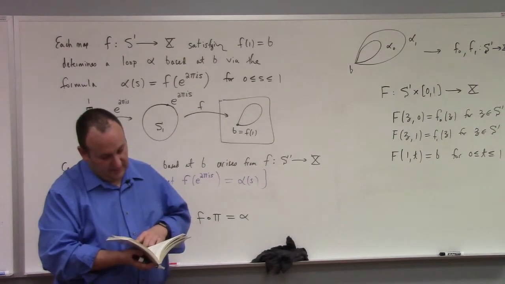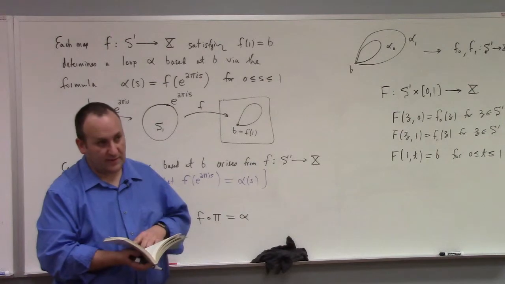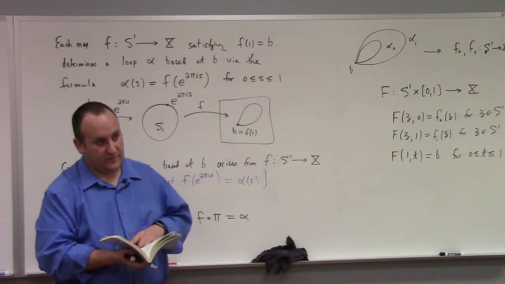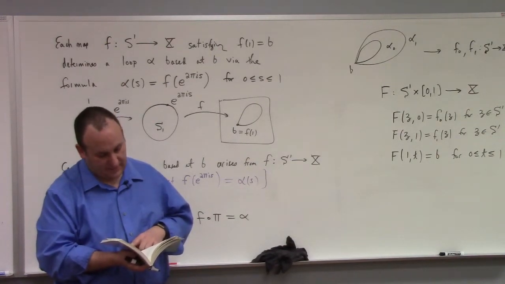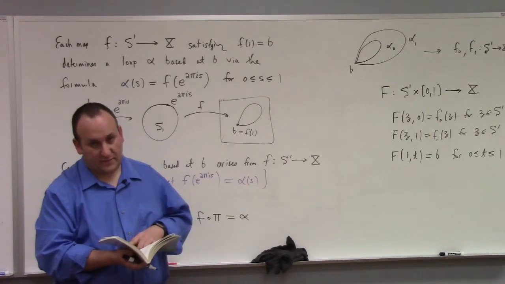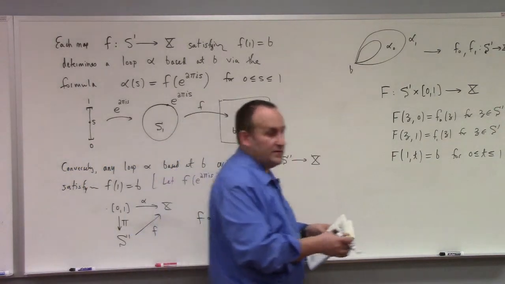And he says, conversely, if you do have that f0 and f1 are homotopic as maps from the circle into your space in the sense I just defined, then you can construct a homotopy for the corresponding loops based at b. So this is interchangeable.